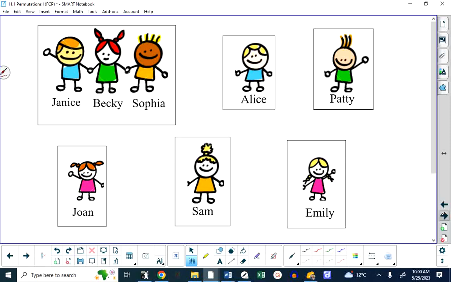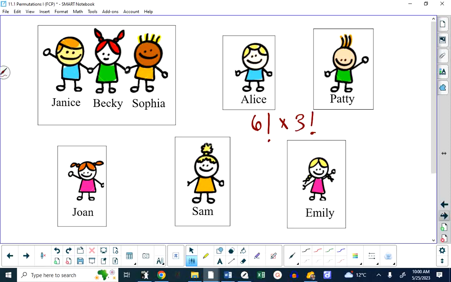So what I need to do is take 6 factorial, because that's blank, blank, blank, blank, blank, blank for these 6 items, and I need to multiply by the number of ways to arrange these girls within their group. And it's not 3, it's 3 factorial. It's blank, blank, blank with the fundamental counting principle.